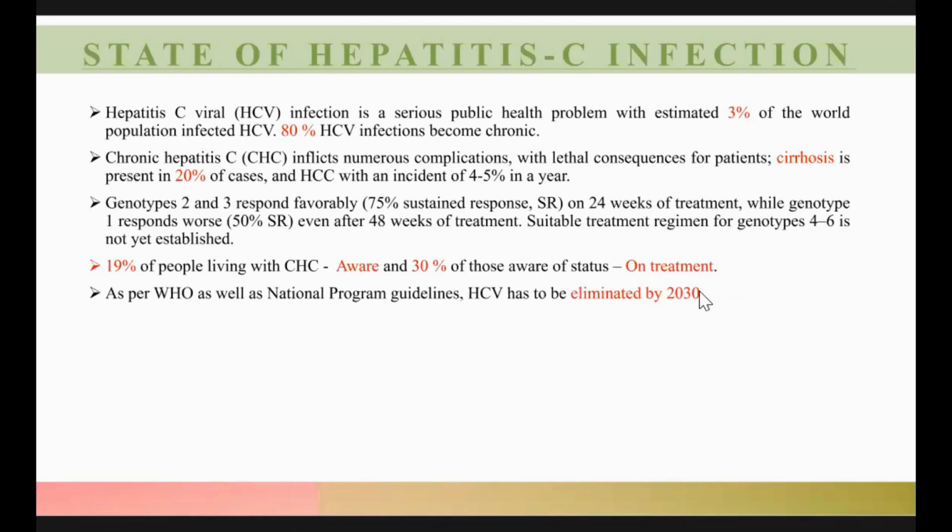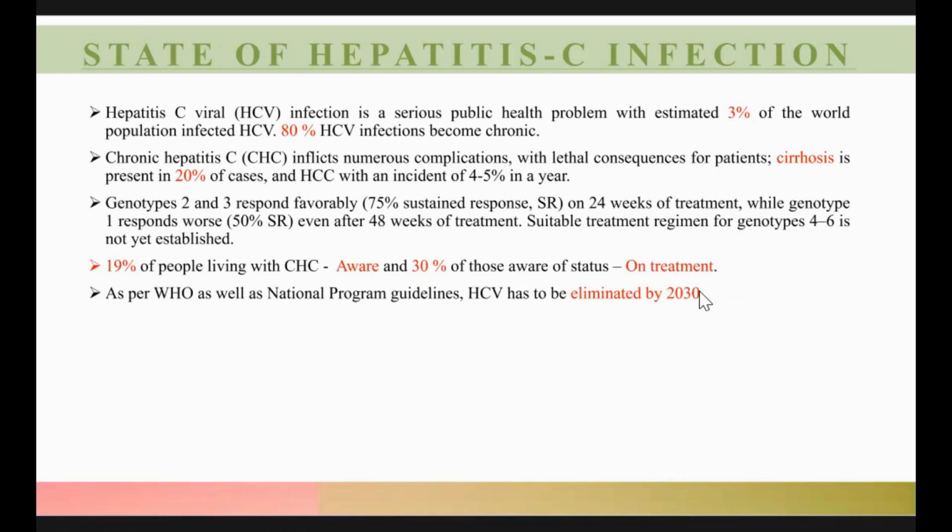But the paradox is that merely a few know about their infection. Around 19% of the people carrying chronic HCV are actually aware that they are having that HCV virus with them. And around 30% of them are actually having treatment.